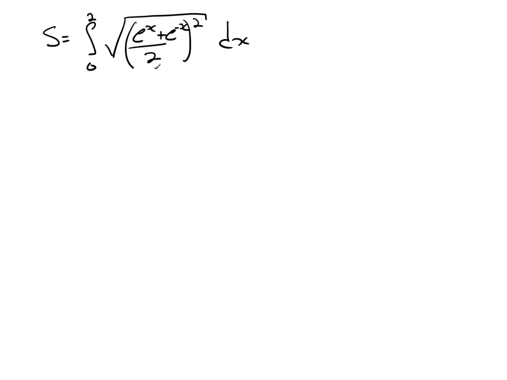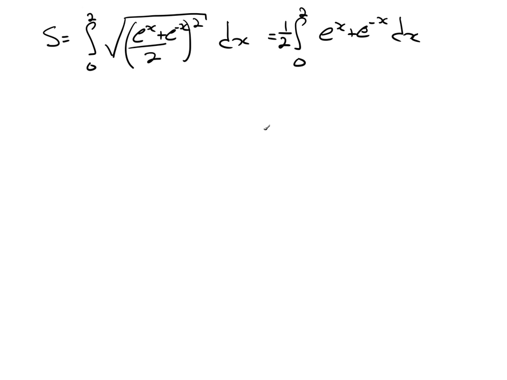Well, the square root of something squared is just that something. So this is equal to the integral from 0 to 2 of simply (e to the x plus e to the negative x) over 2, but I'm going to take that over 2 and pull that out as 1/2, dx.